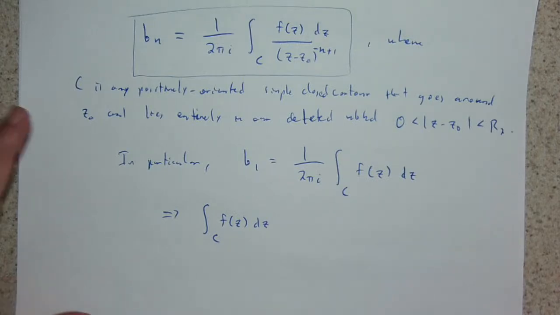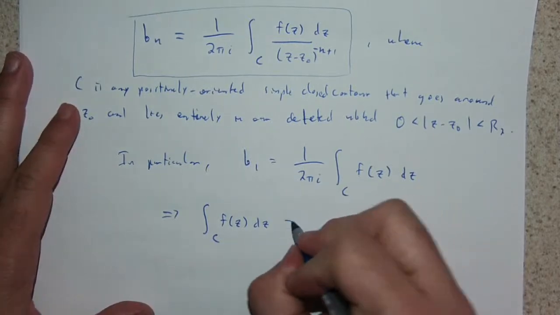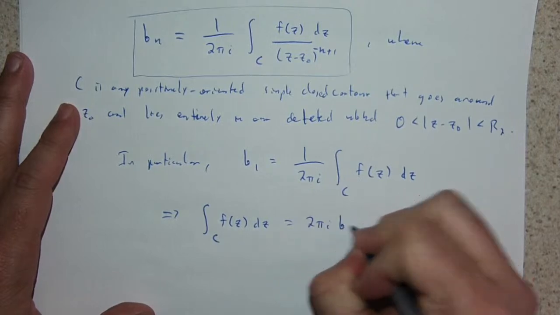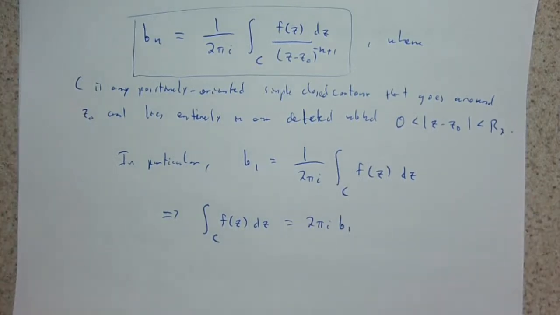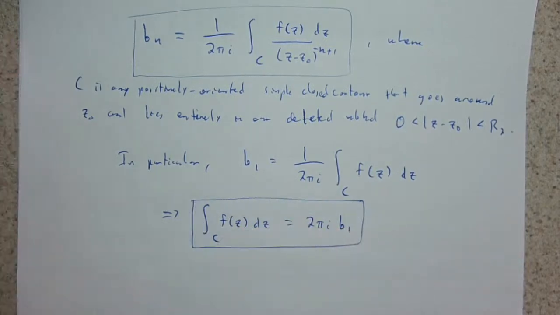Okay. Then the contour integral along such a C that goes around our isolated singular point is really just, I can multiply by 2 pi i. This is 2 pi i times b sub 1, the first coefficient on the negative powers in the Laurent series.